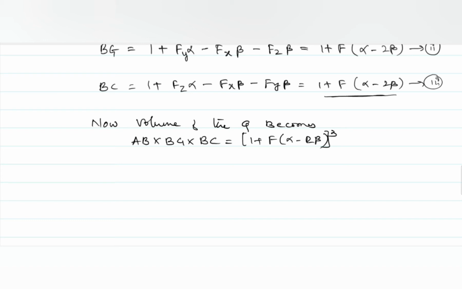Now this equation becomes a plus b whole cube. So we will write a plus b whole cube in expansion form, that is a cube plus b cube plus 3 a b square plus 3 a square b. So this is the expansion we will use here.